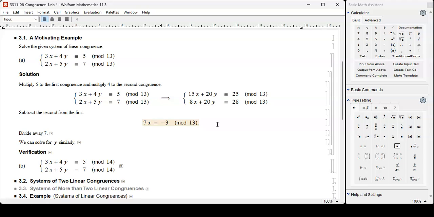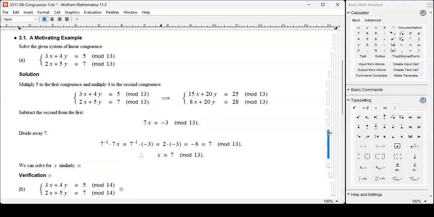So instead of dividing and creating a rational number, we have to divide by multiplying its multiplicative inverse, modulo 13. What is it? What is the multiplicative inverse of 7 mod 13? Well, time's up. It is 2. 7 times 2 is 14, and that's congruent to 1 mod 13.